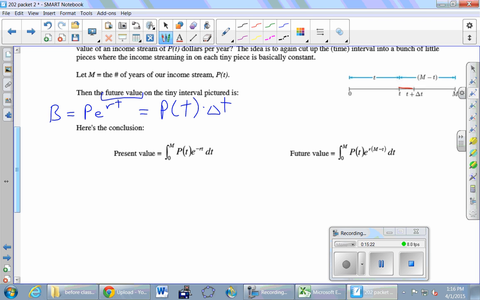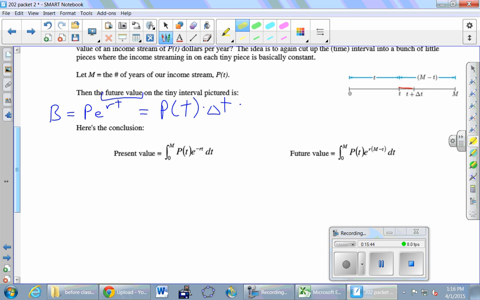If you have 1,600 per year coming in for 2 years, how much do you have? 3,200, right? So you just take your 1,600 per year and multiply it by the 2 years. That's all we're doing. It's P of T per year times delta T years. Delta T is a really small thing. It's not 2 years, it's seconds, but it's the same idea.